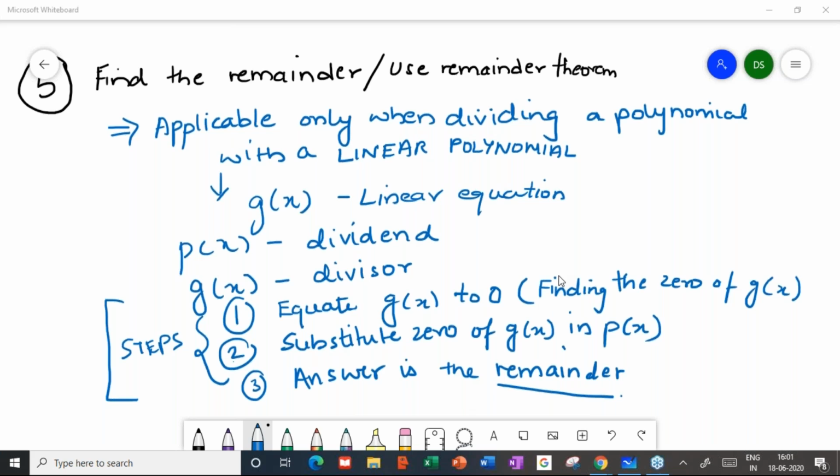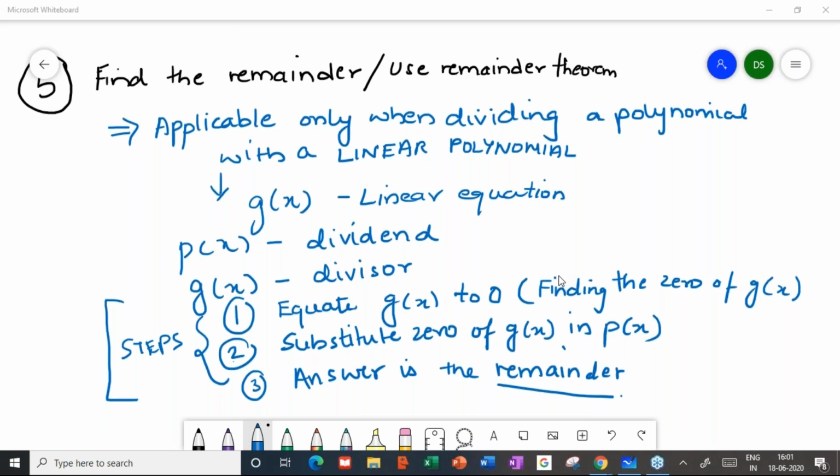But if they don't specify, you always have long division to get the quotient or the remainder. If they say it's a factor, it means the remainder will be 0, so you get the quotient. If it asks only for the remainder, then use the remainder theorem.